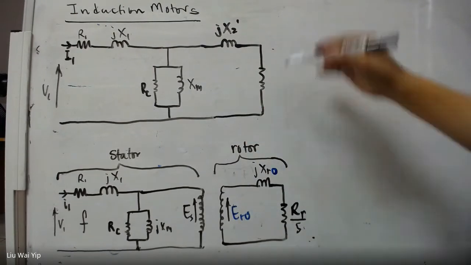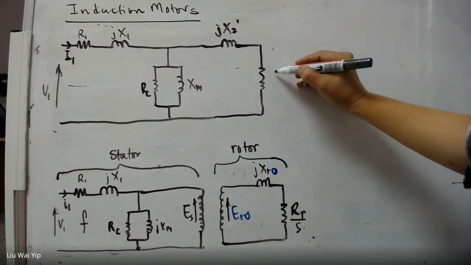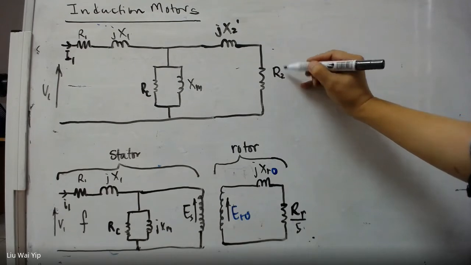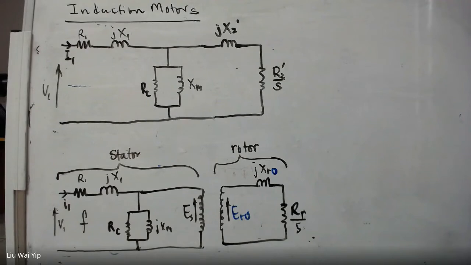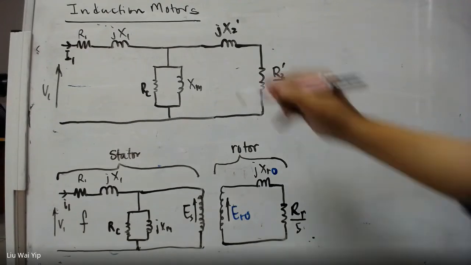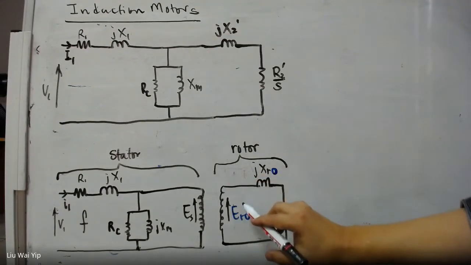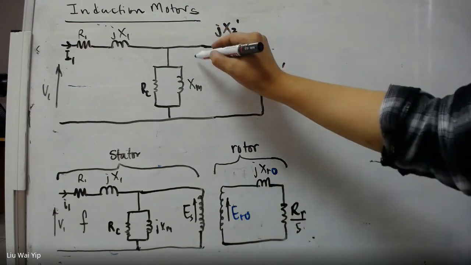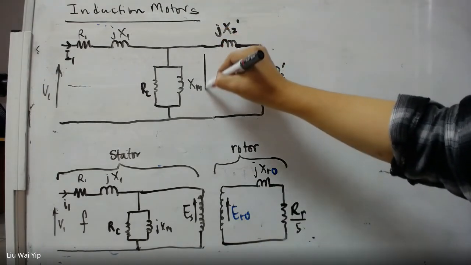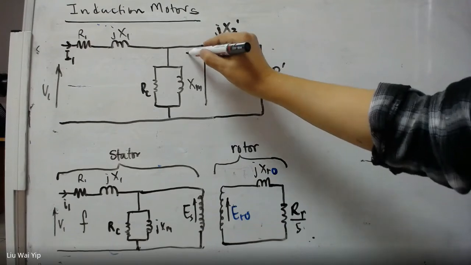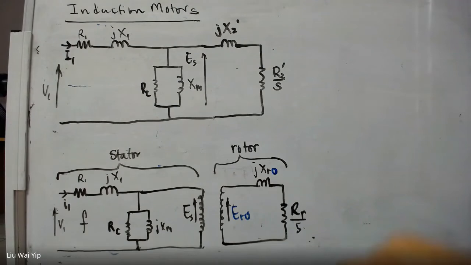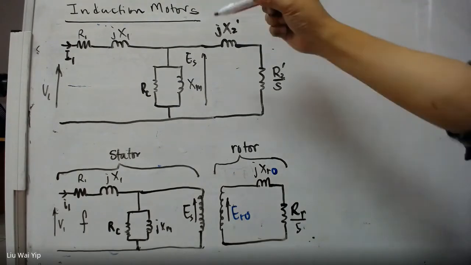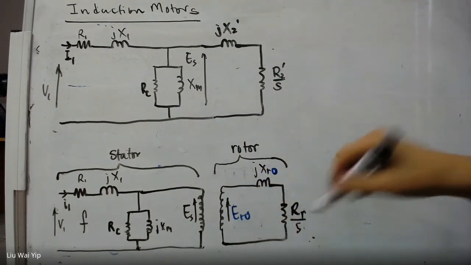The resistance is going to be R2 over S, and the slip is not going to change. And in this case, the voltage here is going to be ES.